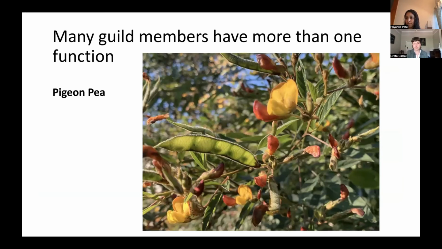So we've talked about functions and what functions need to be filled, but also pretty much every single plant has multiple functions. A pigeon pea is a great plant to have in our food forests. Pigeon pea can fix nitrogen. Its flowers attract beneficial insects and the bees love it. It's human food, so we can eat the pods either as green pods or let them mature to be brown and have them as dal, or they could be livestock food.